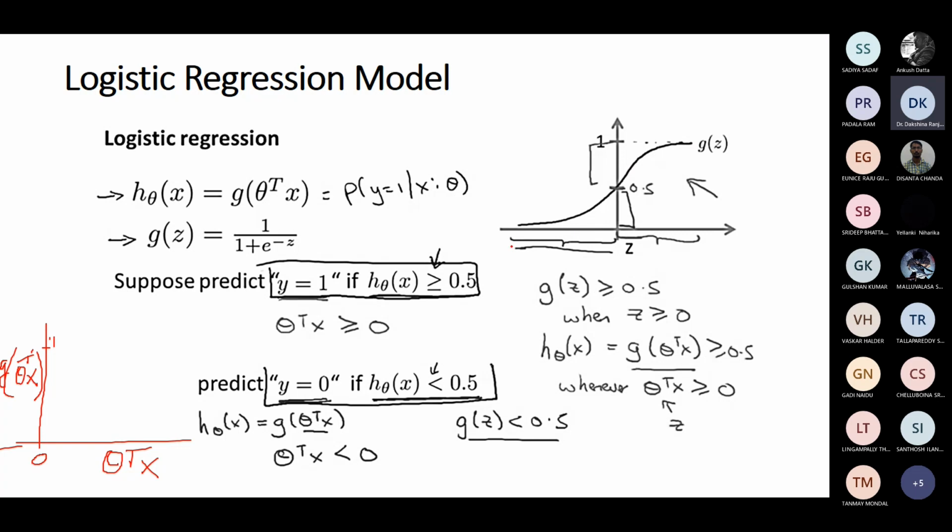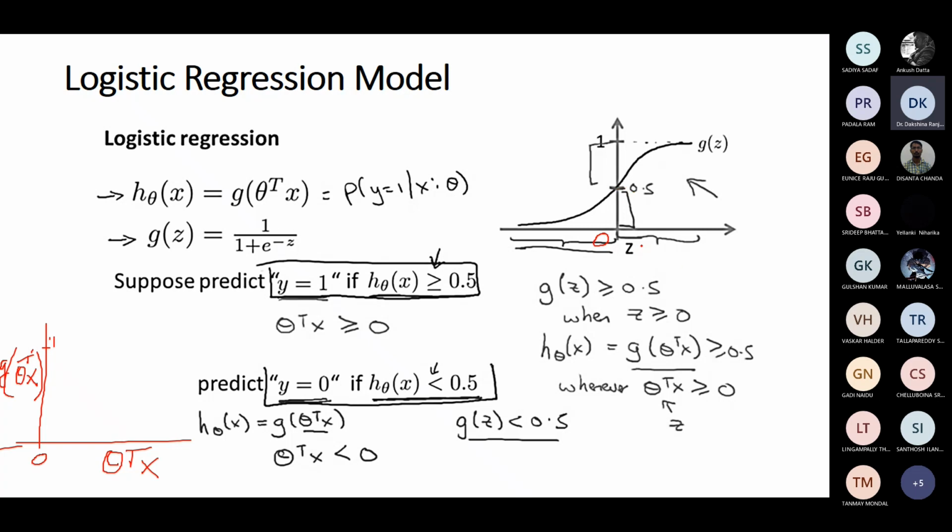On the negative side of z, the curve is asymptotic to 0. This is 0, this is 1. This is the maximum value of the sigmoid function, and the curve intercepts the y-axis at the point labeled 0.5.